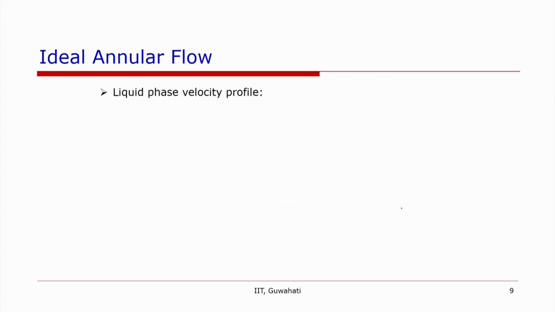So we will have VL is equal to B R square over 4 μL plus C2L, and at R is equal to capital R, that is at the wall, we have VL is equal to 0.